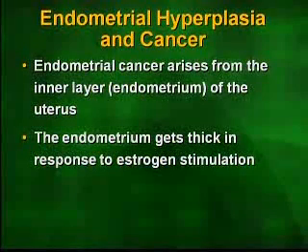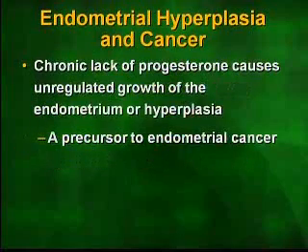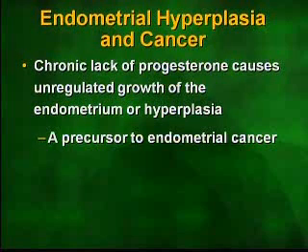Endometrial cancer can arise from the inner layer of the endometrium when it's really thick. The endometrium gets thick in response to the estrogen stimulation. They have a chronic lack of progesterone, which causes unregulated growth of the endometrium, or what we call endometrial hyperplasia, and this is a precursor for endometrial cancer.